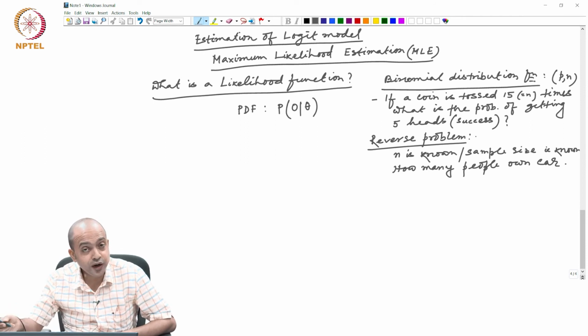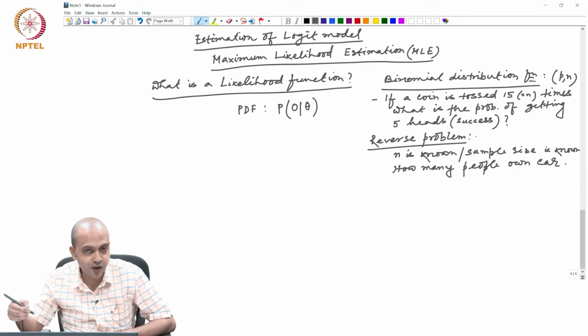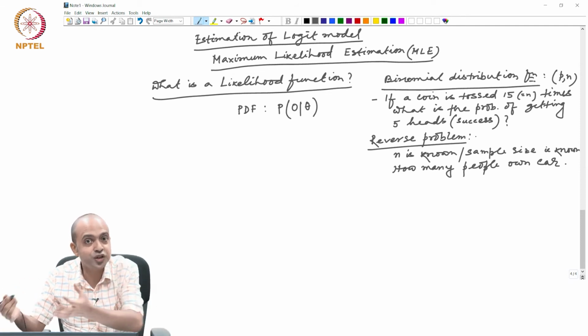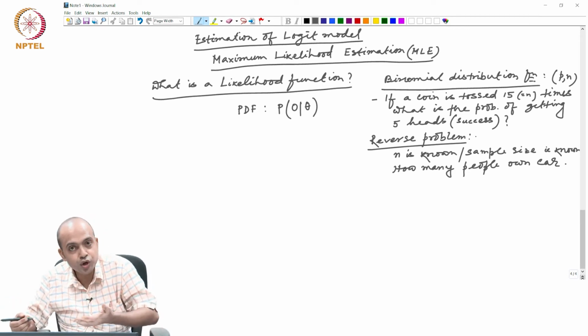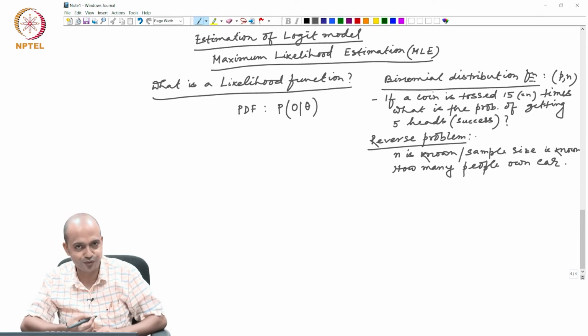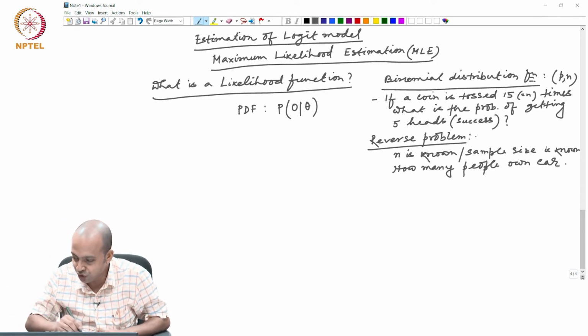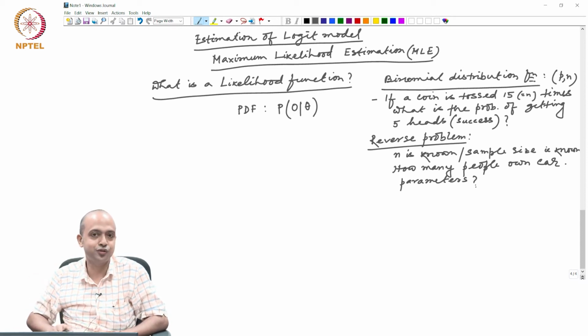Here I was trying to find out how many heads I will get, that means the number of successes. Here if I define that owning a car is a success of that trial, that means I already know out of 15 individuals how many of them are actually having a car. Then what I do not know is actually the parameters. Parameters are unknown.